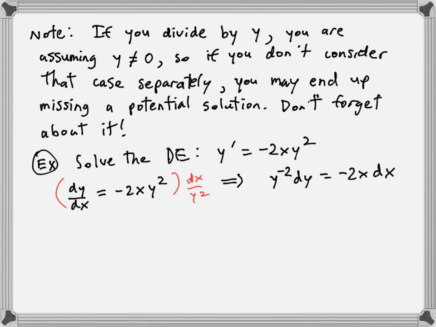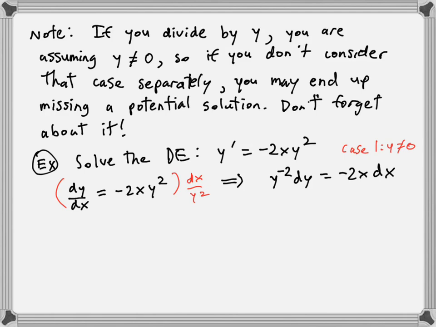Now, before we forget, as soon as you divide by y squared, we made an assumption, didn't we, that y was not 0. So actually, this is case 1. Everything we're writing here is part of case 1. Y is not 0.